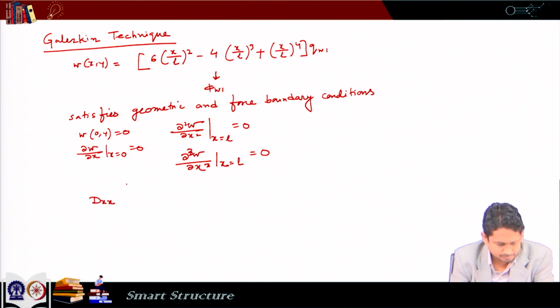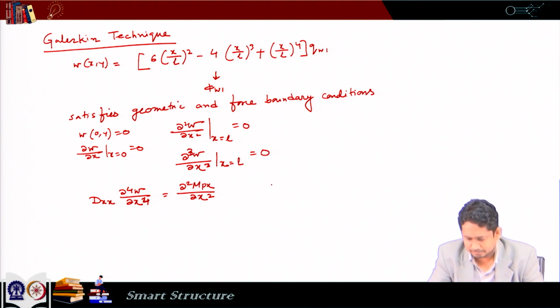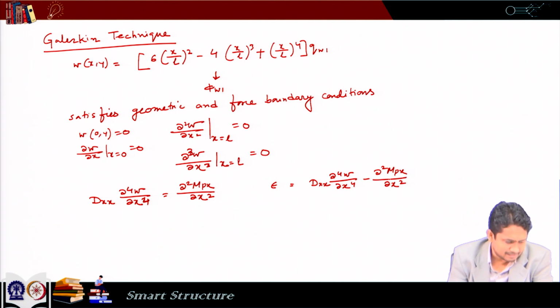So the equation is dxx del 4 W by del x4 is equal to del 2 MPX by del x2, and then we define an error as we have been doing, and the error is dxx multiplied by the fourth order derivative of W with respect to x minus this, and then we say that we have to multiply this error with phi W1, and on being integrated over the domain, that should be 0. So, let us do that.